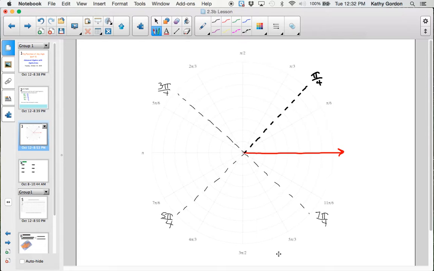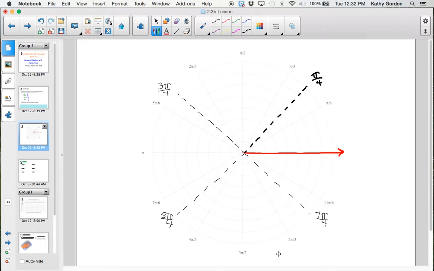It may not be yet by the time you get done with your practice, although it should be getting a little closer because that's mostly what your practice is going to be about, is just evaluating trig functions. But definitely by the time we get to the test, you got to know these. You just got to be able to say, yep, it's this, it's this, it's this.